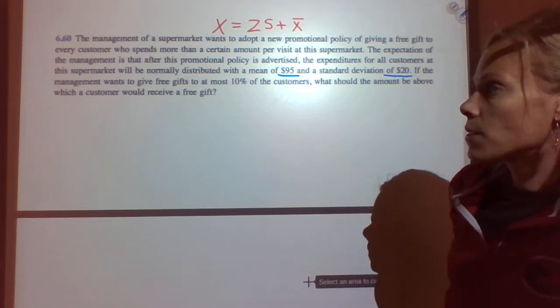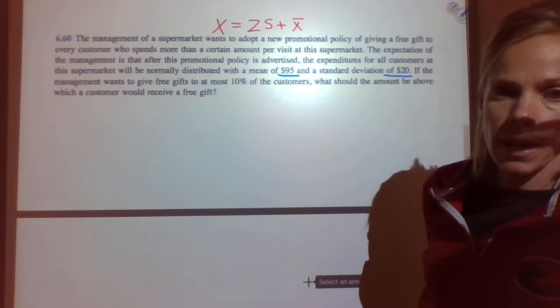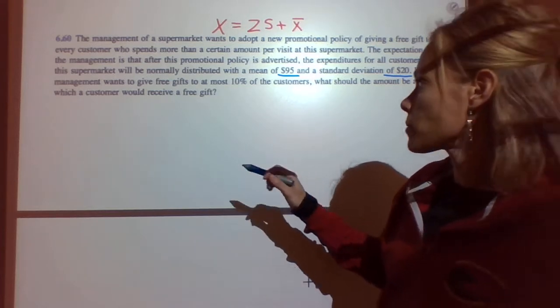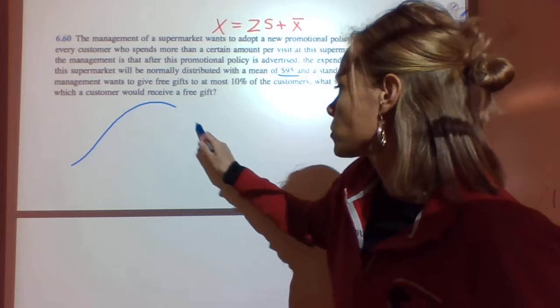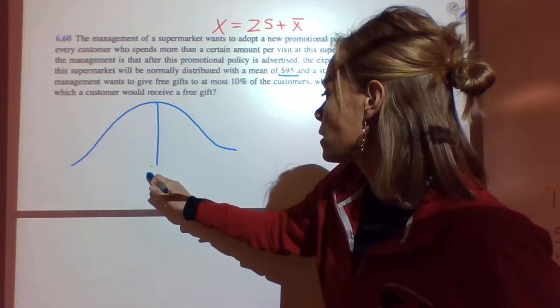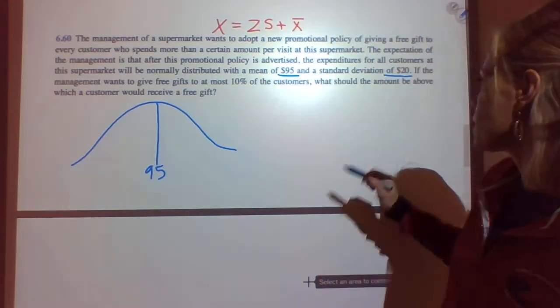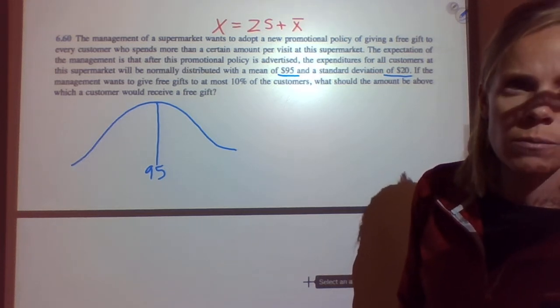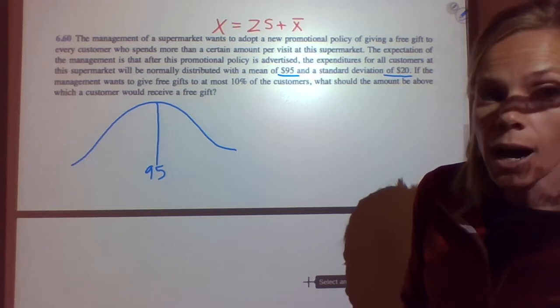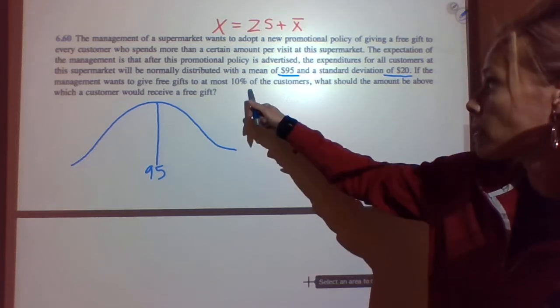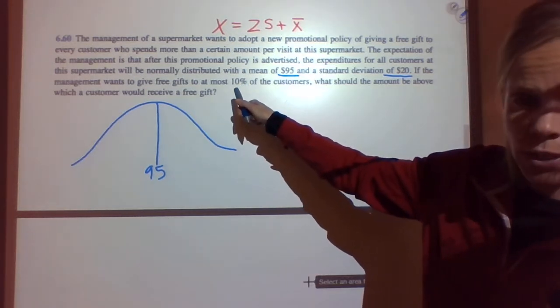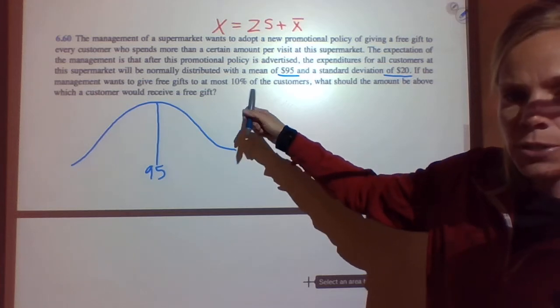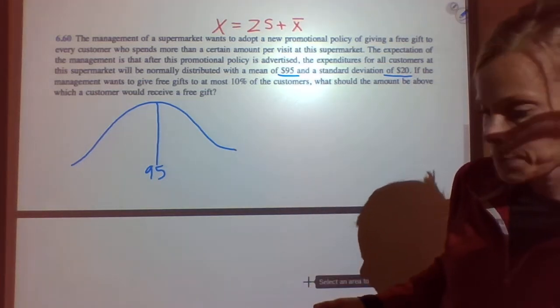Okay, so these problems are really going to be handy if you kind of sketch it out, right? So let's sketch out a normal curve. I know my mean is $95 and my standard deviation is 20. Now, if I only want to give the top 10% of my customers free gifts, how much do they have to come in and spend?